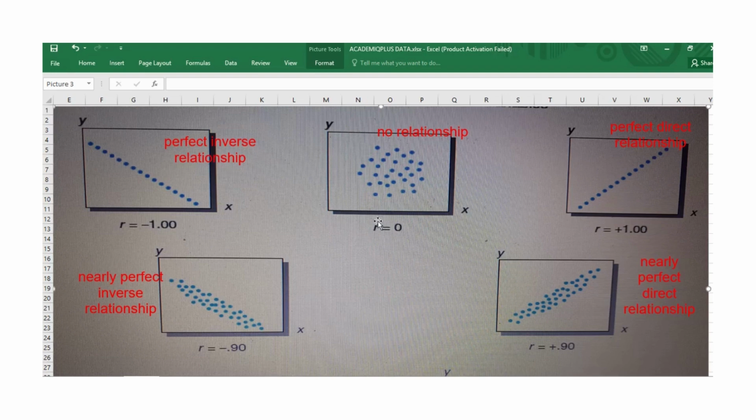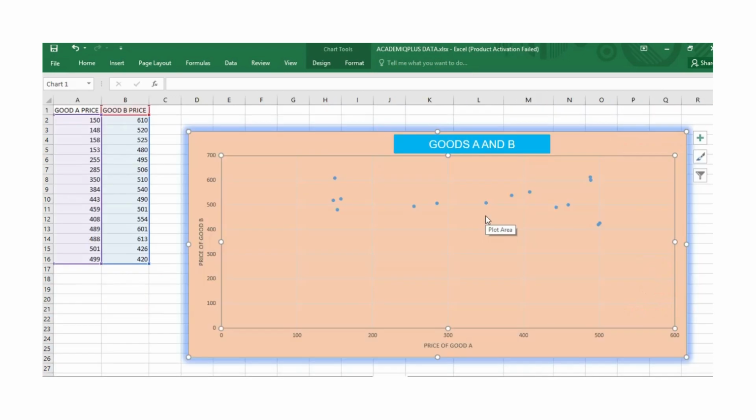It's a case of no relationship at all, where our coefficient of correlation is 0. That means there's no relationship between the two variables. And this is a case of high correlation between the two variables, because the strength is high, 0.9, although it's negative, there's an inverse relationship. And we have a case where the strength is high here, near perfect, 0.9, and it shows a direct relationship.